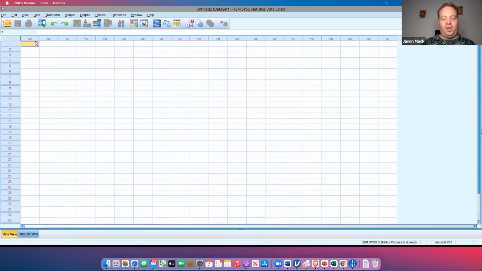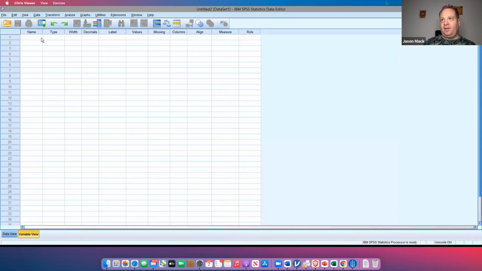SPSS can be used to compute 2 independent sample t-tests. To illustrate how we can do this, let's use some data with 2 groups, one that is eating slowly and one that is eating fast. We're going to click on the variable view tab right here, and then type in groups in the name column.